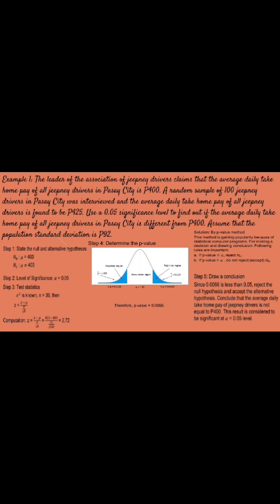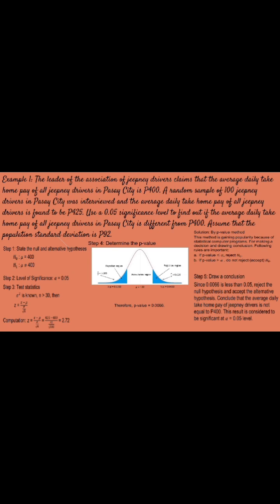So let's substitute the given into the formula. Our formula is sample mean minus population mean over standard deviation over square root of sample size. 425 minus 400 divided by 92 over square root of 100 is equal to 2.72.